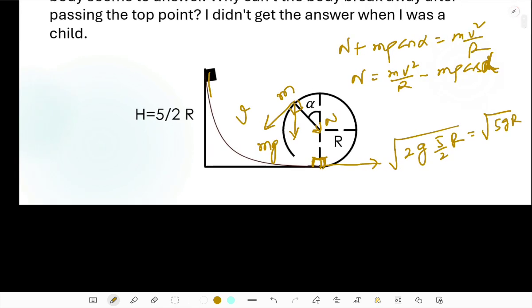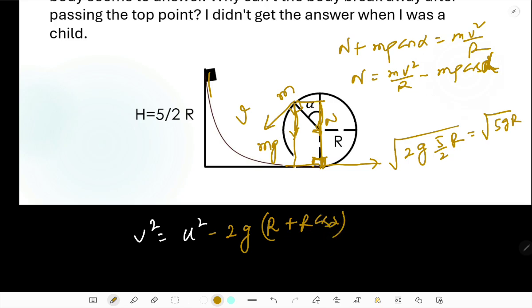By using mechanical energy conservation, it's simply v square equals u square minus 2g into height, and I suppose this height is going to be R plus R cos alpha. So v square equals u square minus 2g(R plus R cos alpha).